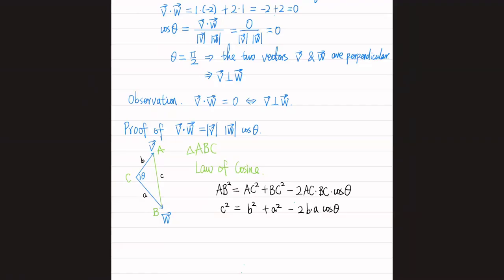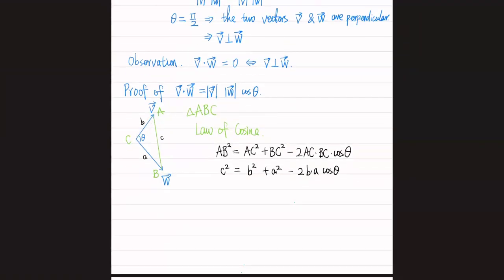Okay, so in this setting, the length of the side is also the norm of the vector. B is the norm of the vector AC.